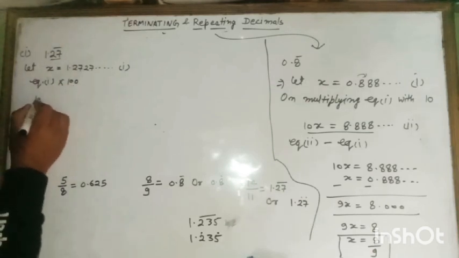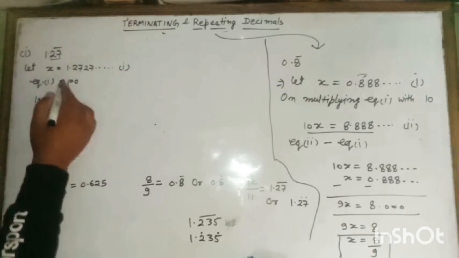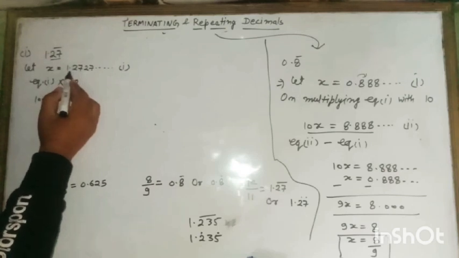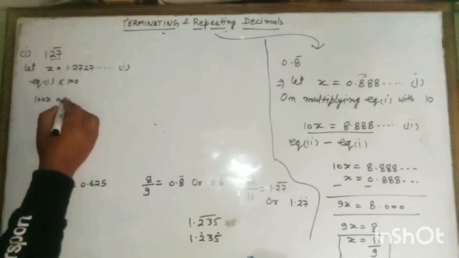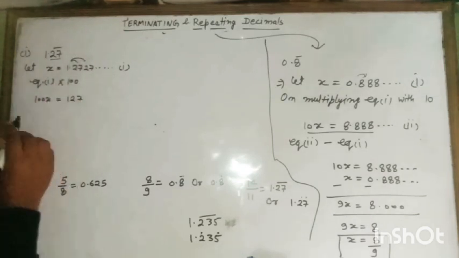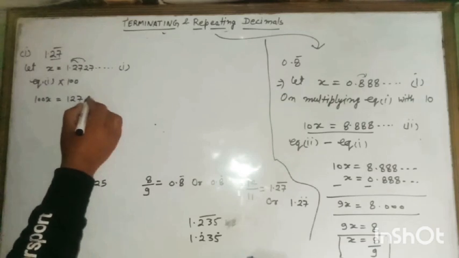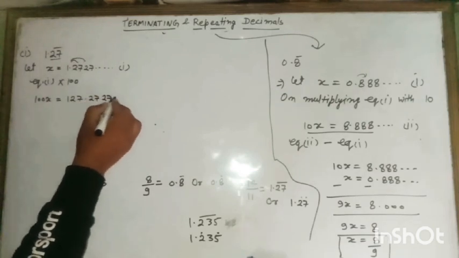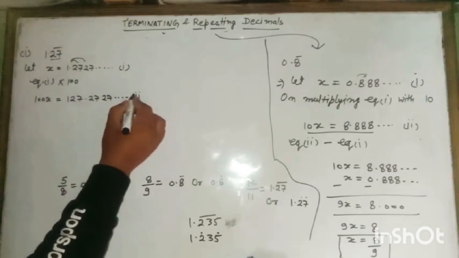So we will write 100x is equal to, here we multiply with 100. Two places it will move, so it will become 127.2727 and so on. This will be our second equation.